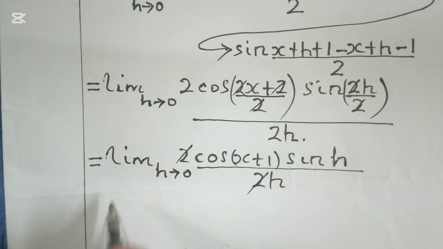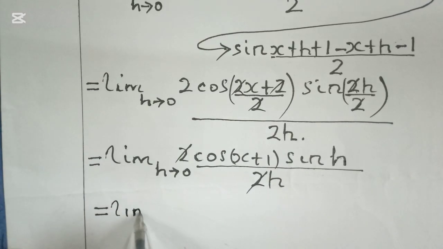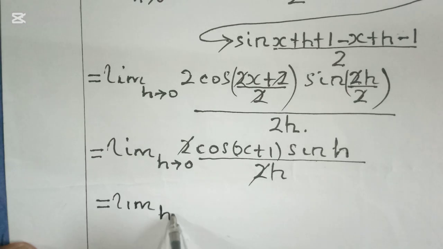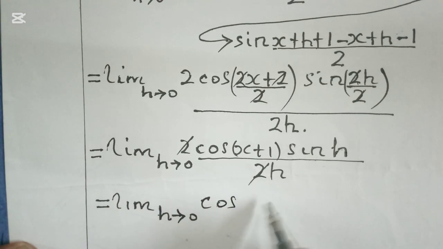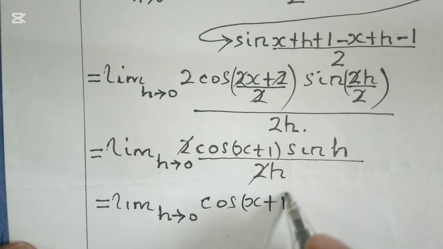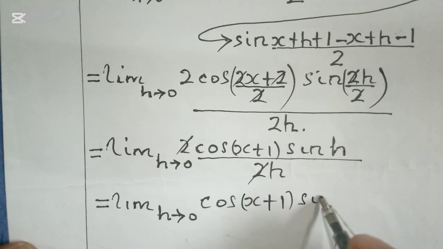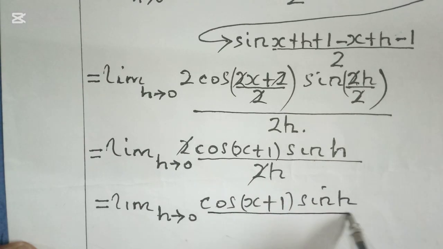So we are left with the limit as h tends to 0 of cos(x + 1) sine h all over h.